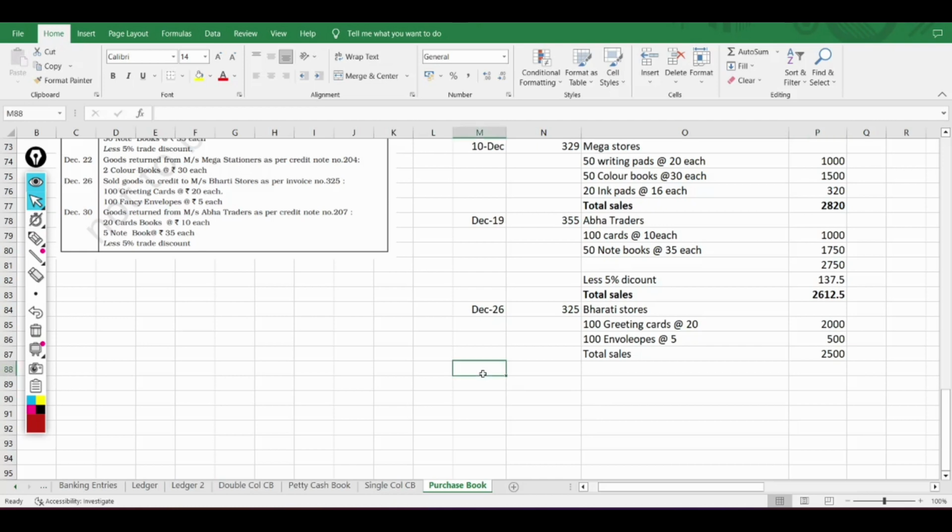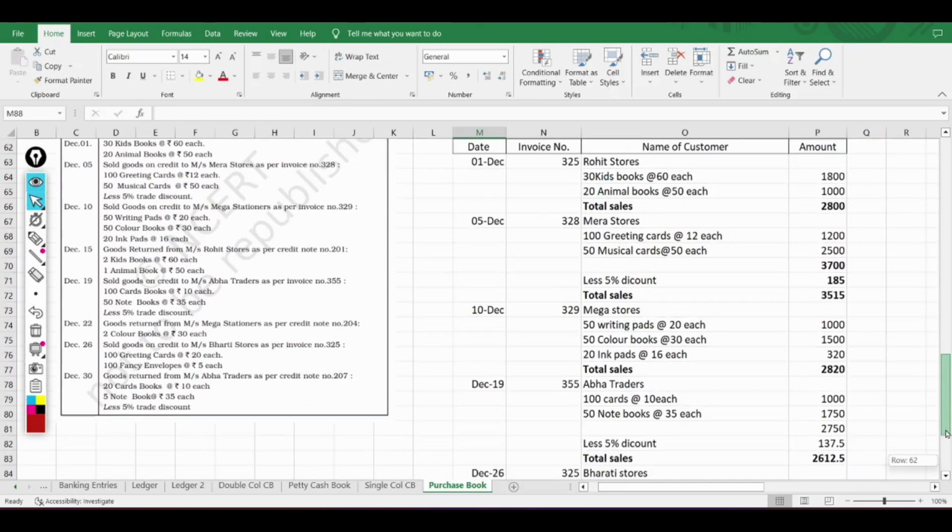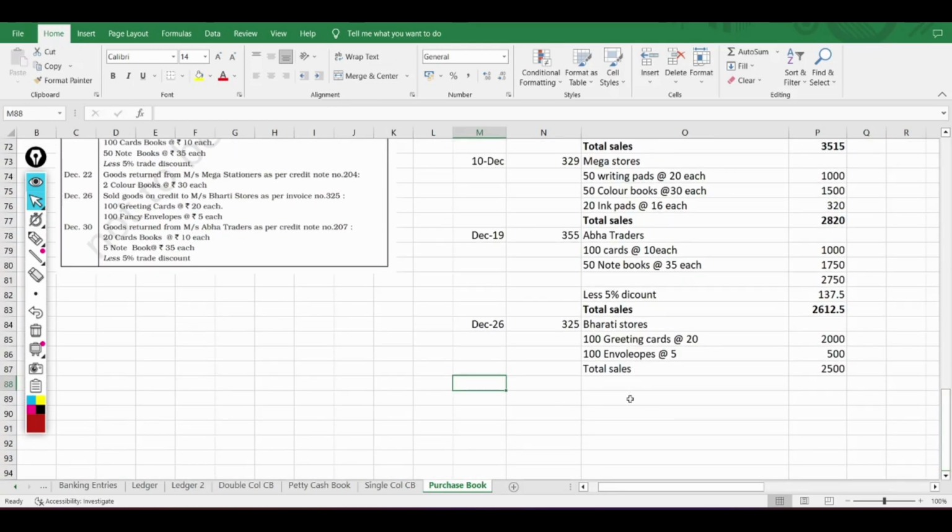Next, last transaction of December 30 is again goods returned from Abha, which will be again in our sales returns book. Before that, let us total our credit sales and find out the total of sales book for the month of December.